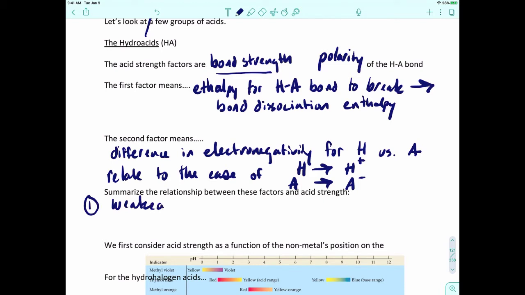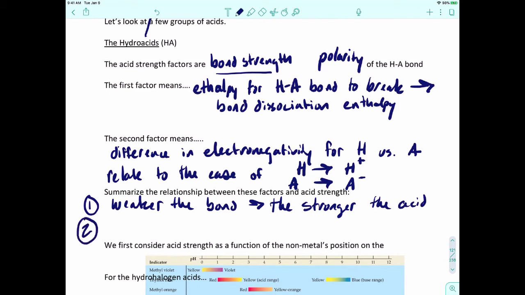The weaker the bond, the stronger the acid. And the second idea is that the more polar the compound is, the stronger the acid.